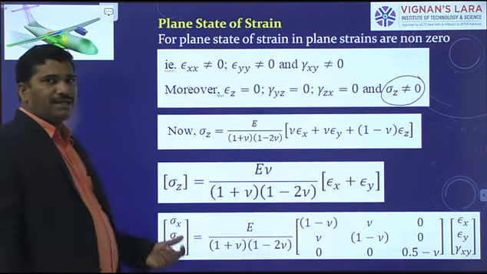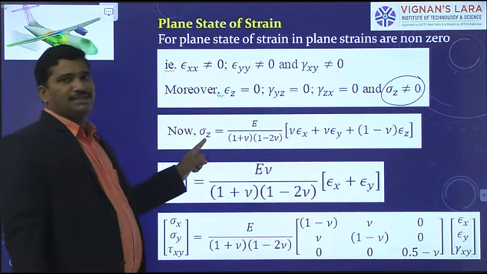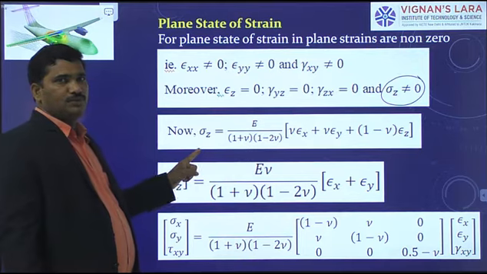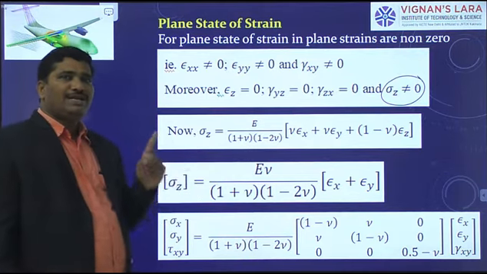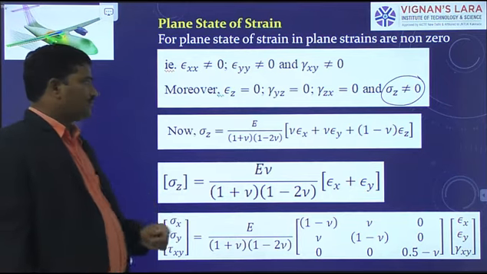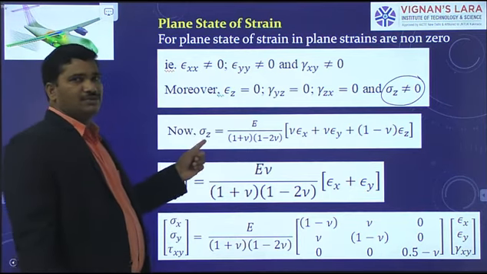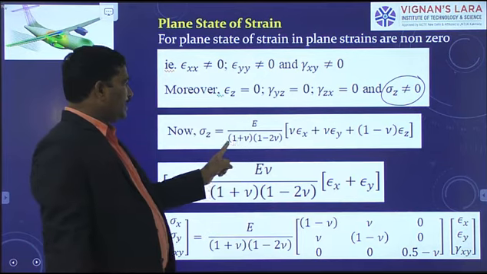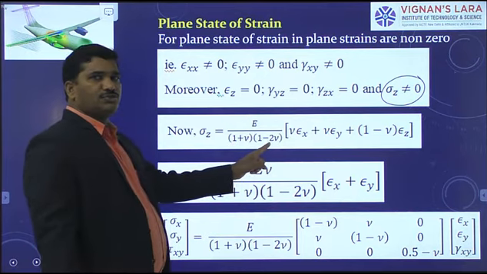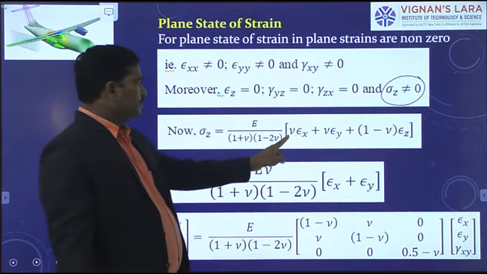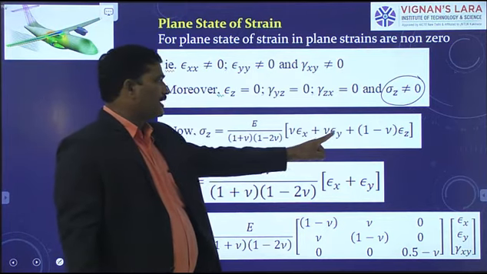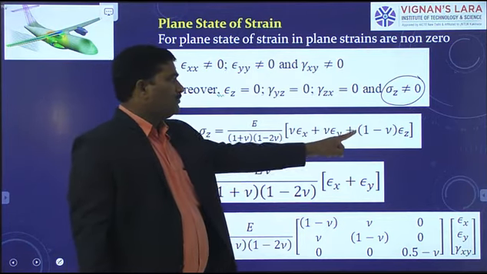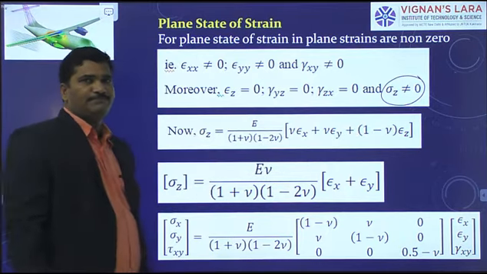Hence, I take the expression for sigma zz or sigma z from the stress-strain relations of three-dimensional state of stress. How do you get it? Sigma z equals E by 1 plus nu into 1 minus 2 nu, into epsilon x plus nu into epsilon y plus 1 minus nu into epsilon z.